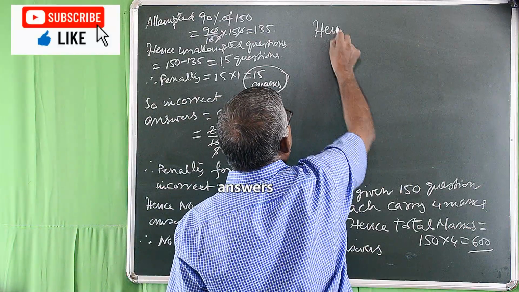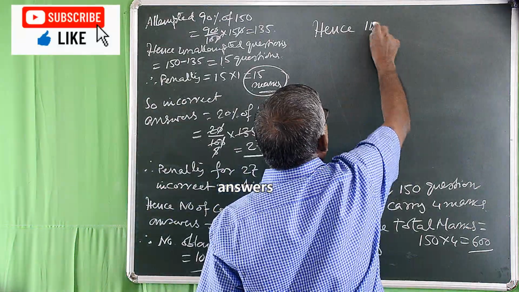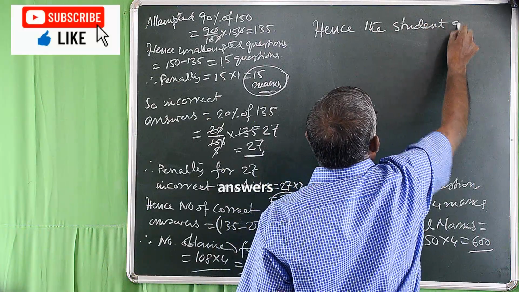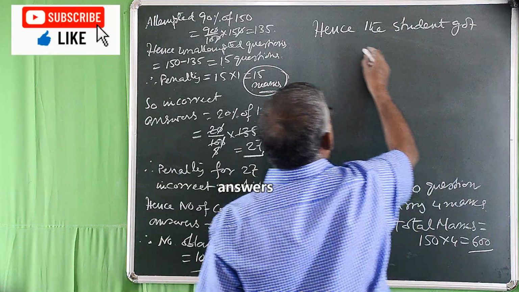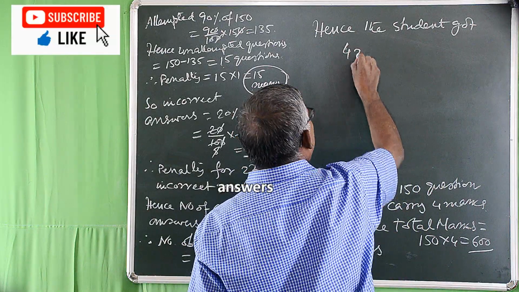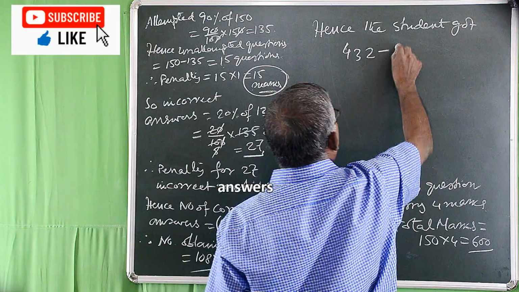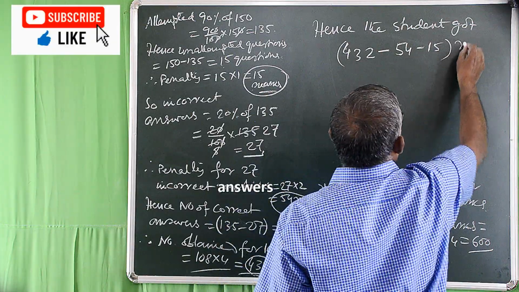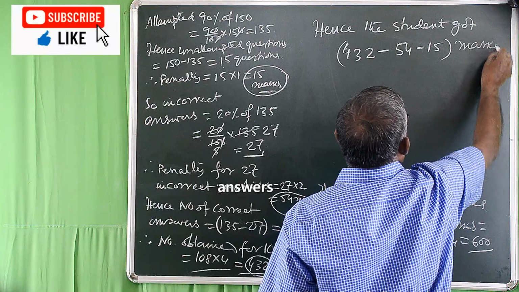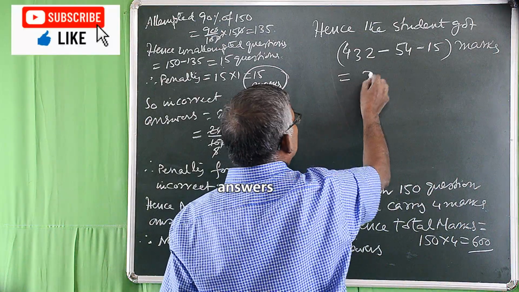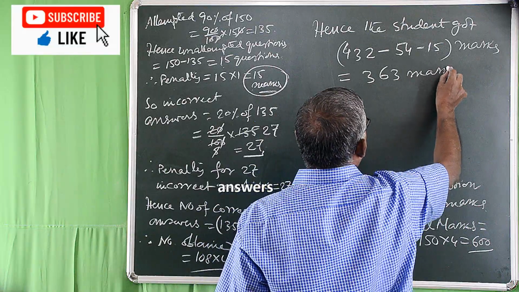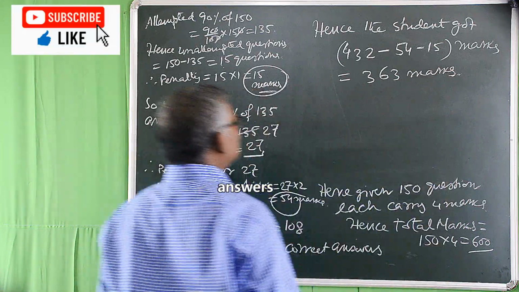Hence, the student got 432 minus 54 minus 15 marks equals 363 marks.